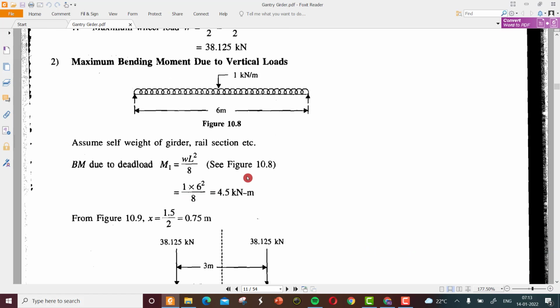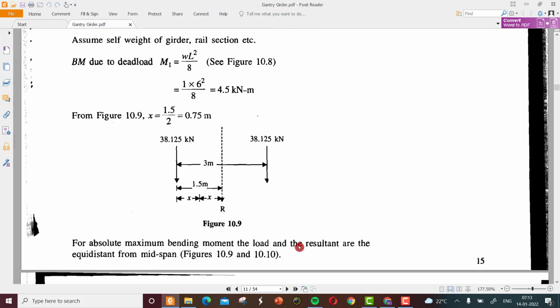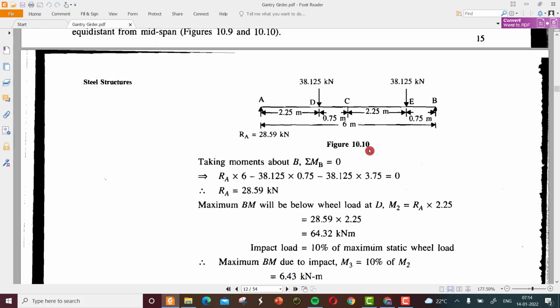And also from the figure we have the calculations for finding the maximum bending moment. We have to place the load and resultant at equidistant from the midspan, from the center of the gantry girder, and we obtained a figure like this. So we have AB as the gantry girder length, and 38.125 are the wheel loads.